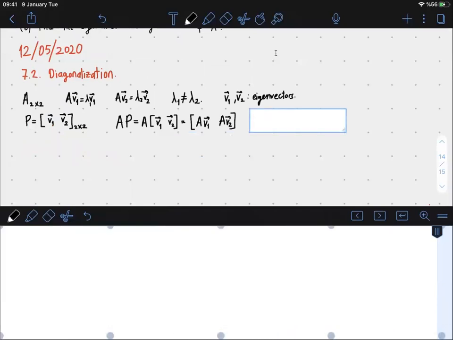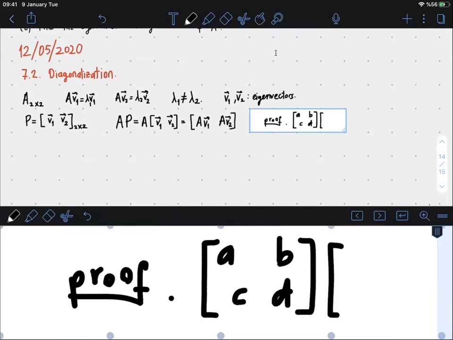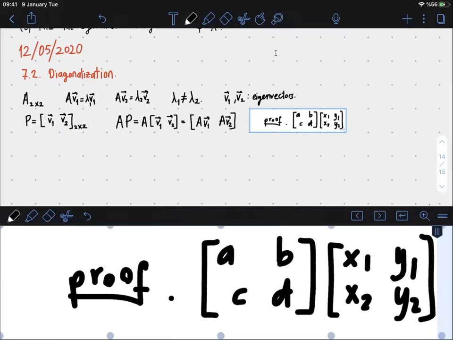Let's do it here. Let's prove this. If A is this matrix, let me call the entries a, b, c, d, and here I have x1, x2, and let's say y1, y2. So what is my claim?